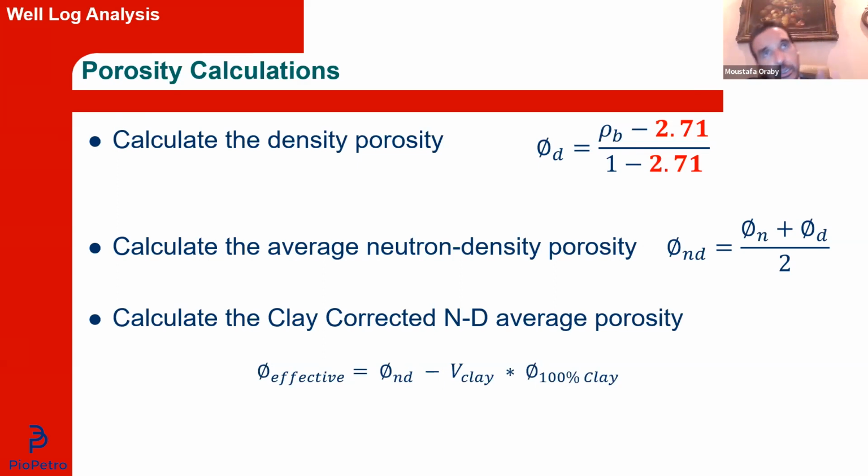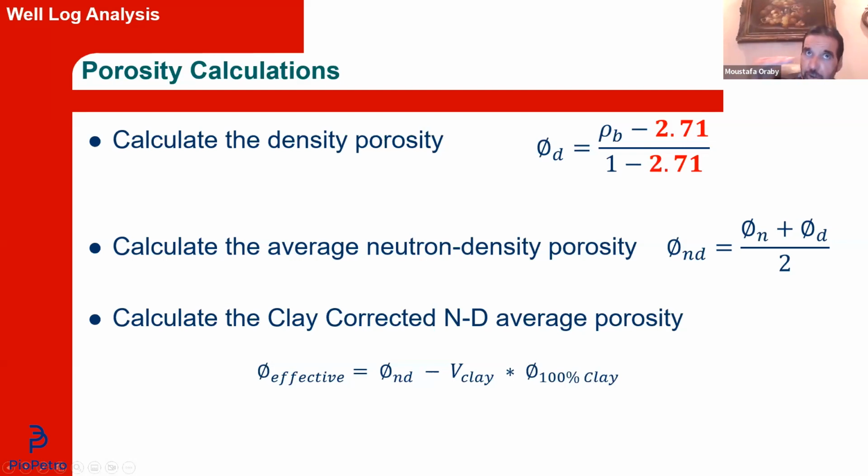Go back to your logs, look at the high gamma ray zone, which is 100% clay, and read the neutron and density porosity there. This is what we call the 100% clay point. So phi neutron density minus the clay volume that you just calculated, multiplied by the porosity of 100% clay.